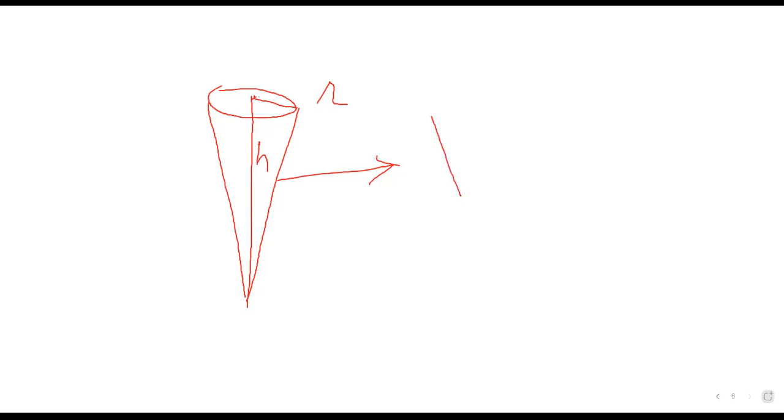Volume is equal to 1/3 pi r square h, where h is the height and r is the radius of the base, as shown in the figure, and h is the vertical height.